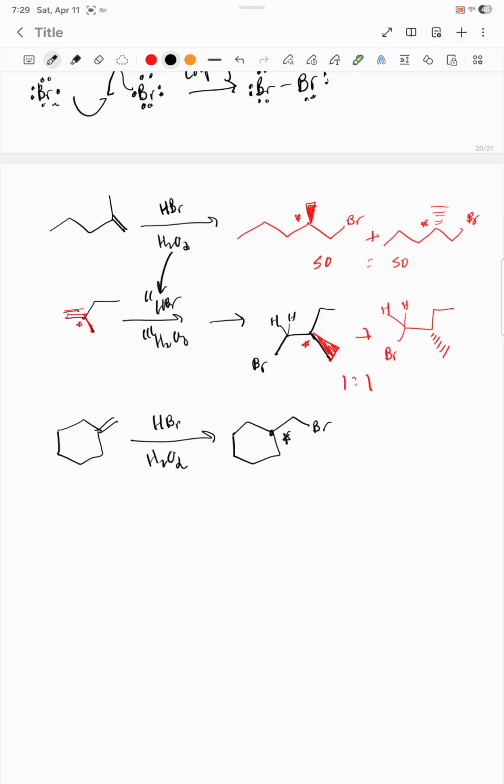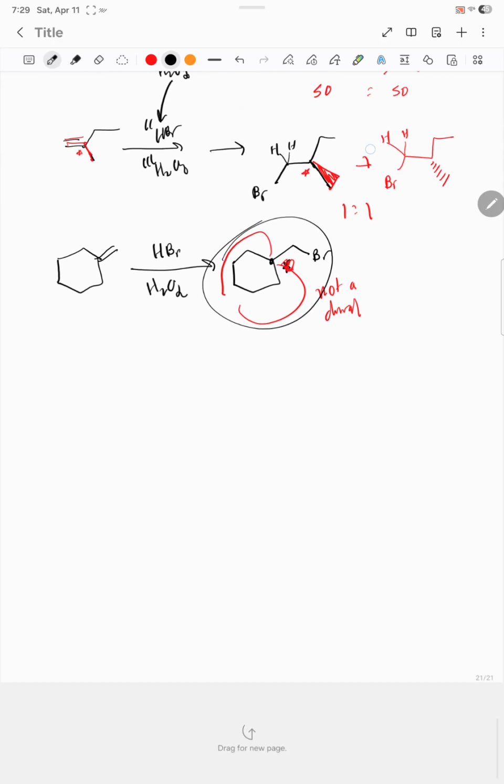Apparently it's not. This is not racemic because this side and this side are symmetrical, so they're the same. No, sorry, this is not a chiral center. That's why we only get this product.